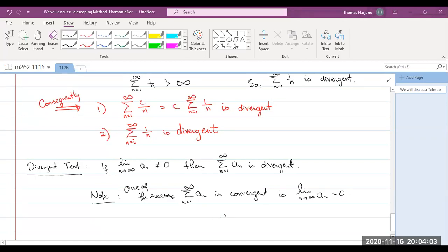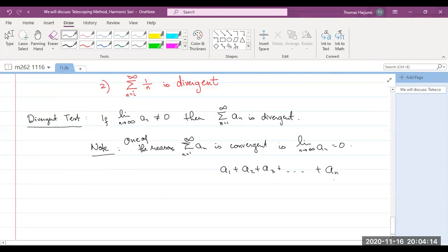Imagine if you keep on adding terms that are not close enough to 0. Imagine if this term, as n goes to infinity, is not 0. Then you keep on adding something non-zero. When you keep on adding something non-zero, then the sum will not stop.